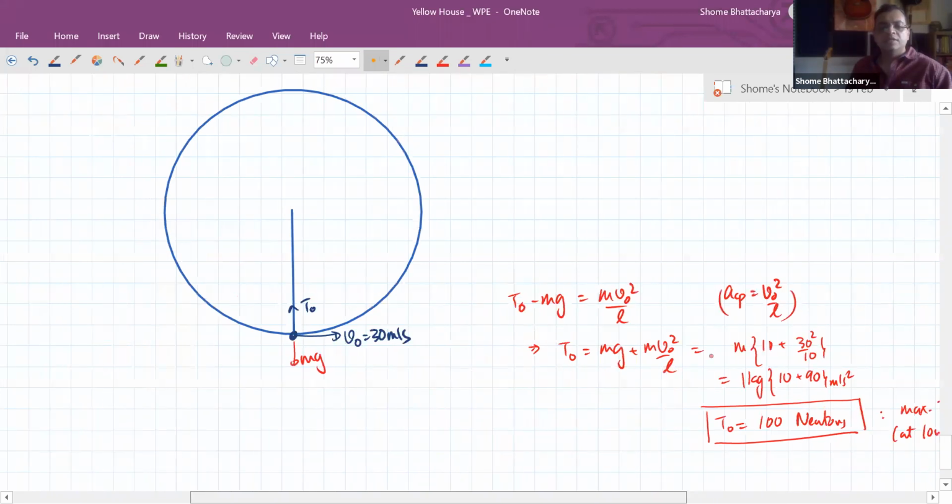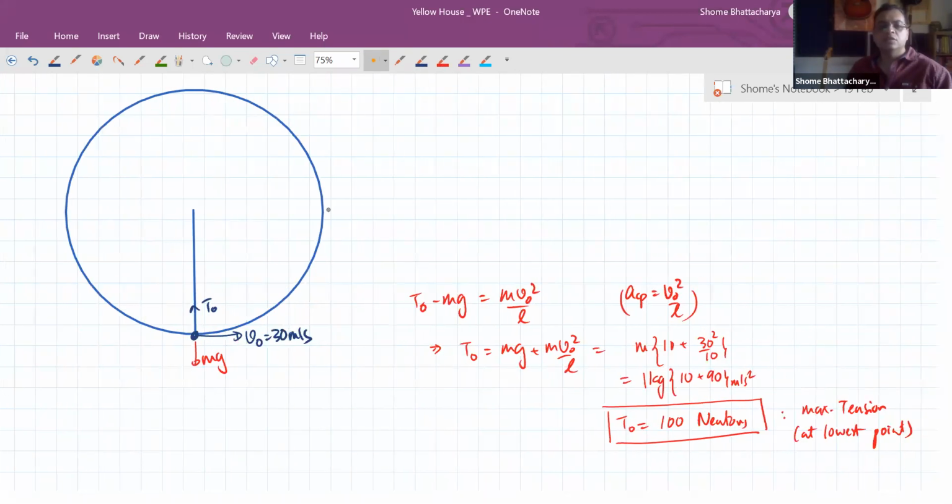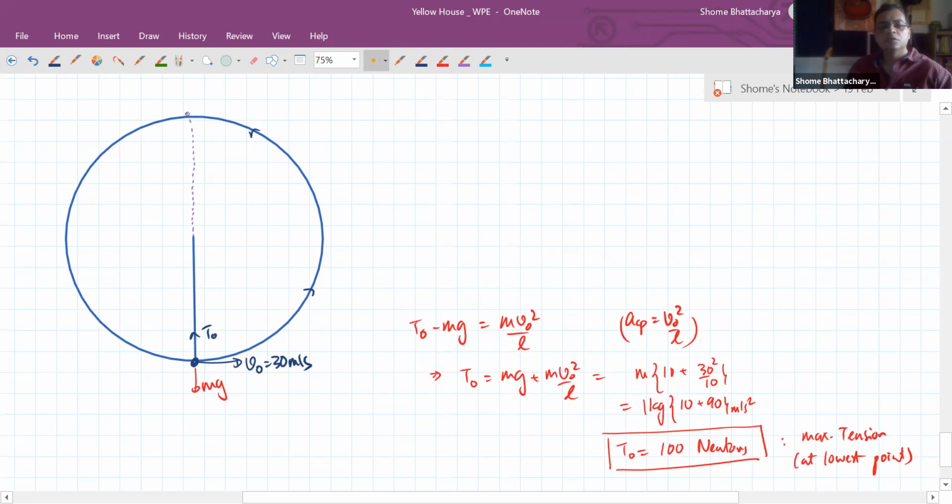Okay. So as yet we haven't started the application of work energy. Now from here, as it goes to the highest point, the speed will be minimum. So accordingly, the centripetal acceleration will also be minimum, so the tension will be minimum.